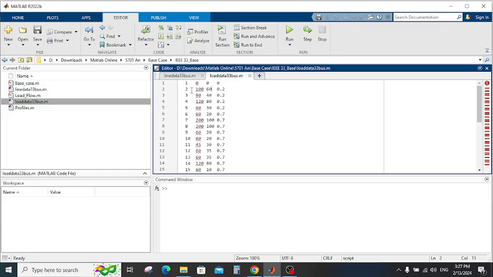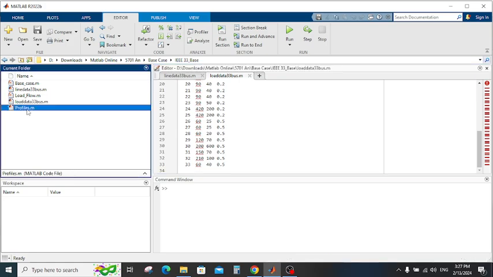This is the specification of IEEE 33 buses. It is the same for 69, but the difference is the number of branches and the number of buses, and the load is also different, but it is the same structure.